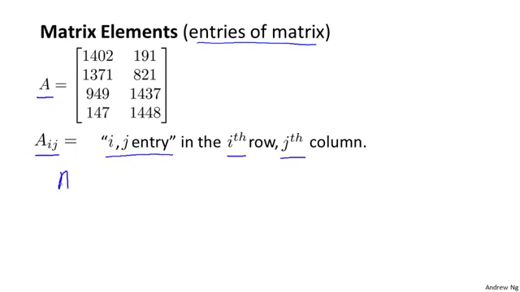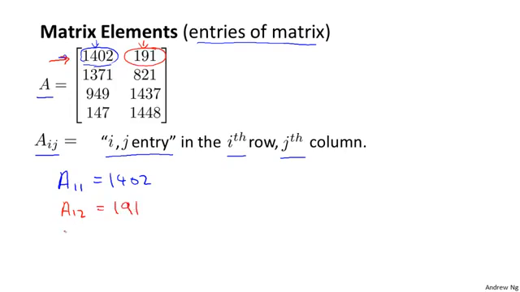For example, A11 refers to the entry in the first row and the first column, so A11 is equal to 1402. Another example, A12 refers to the entry in the first row and the second column, so A12 is equal to 191.